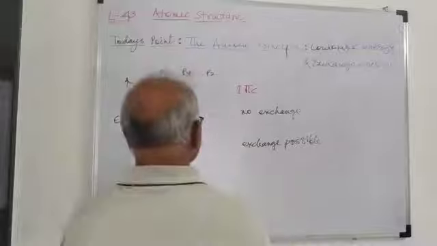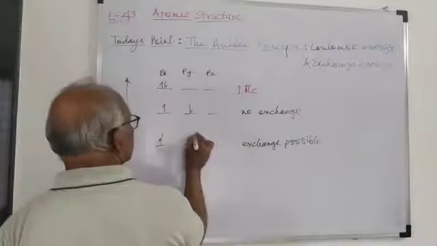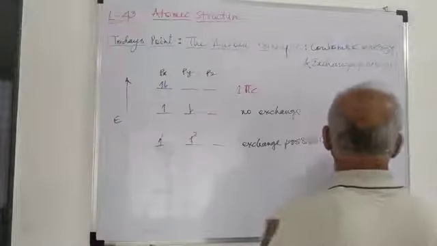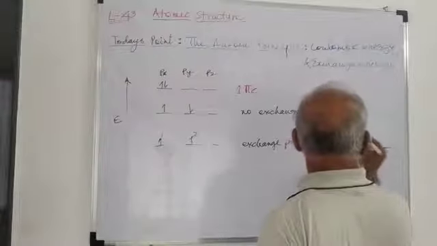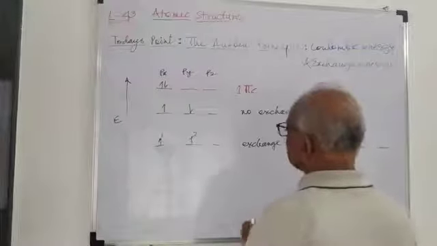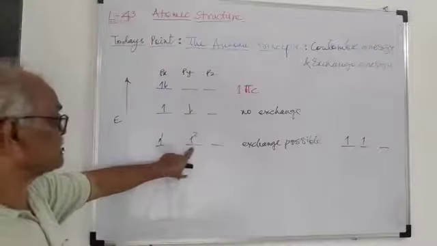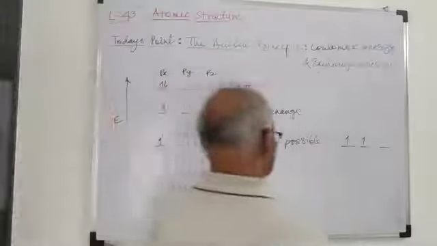So here we will show how this exchange is shown. See, this is electron number 1, this is electron number 2. If we have the two electrons like this, the first electron will go to position number 2, and the second electron will come to position number 1.